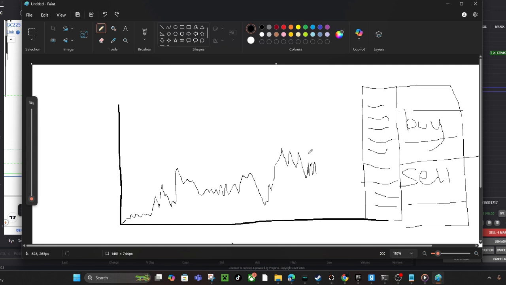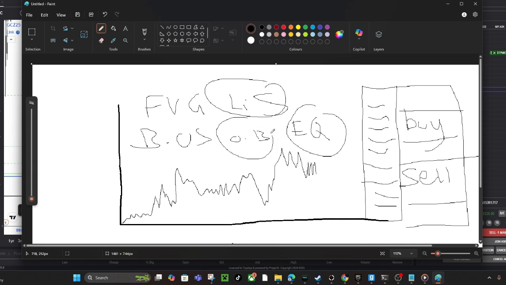This is what people do when they don't know what they're actually looking at when they go into the market. So how we're gonna integrate this and explain it to you in a way you understand is through the language: by learning fair value gaps, break of structures, liquidity sweeps, change of character, order blocks, and equilibrium. This is what I'm going to call the chart language, the chart alphabet.